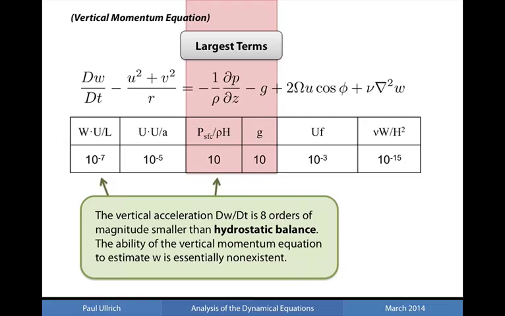That suggests that the ability for this equation to actually estimate W is essentially non-existent. That is, this equation is terrible at estimating vertical momentum. So if we're interested in understanding vertical momentum within the mid-latitudinal atmosphere, we're going to need to find another approach.